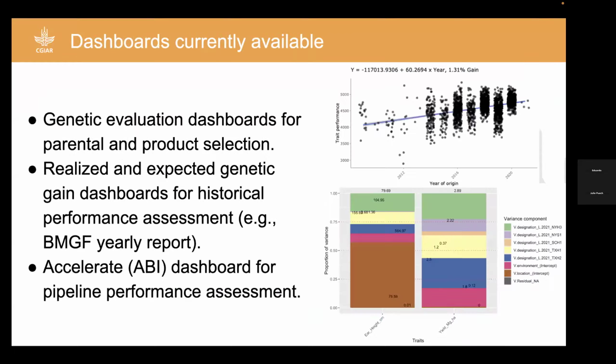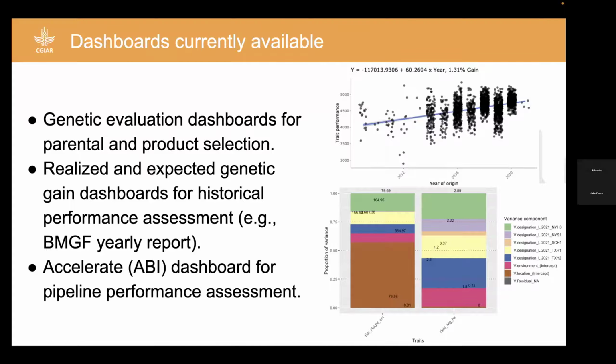Besides the functionalities, we have also included dashboards. They are interactive, you can download them, and they are focused on decision making. All the genetic evaluation modules, like single trial analysis, multi-trial analysis, selection indices, and optimal contribution or optimal cross selection, all of them have dashboards, also the ones for KPIs on realized and predicted genetic gain.